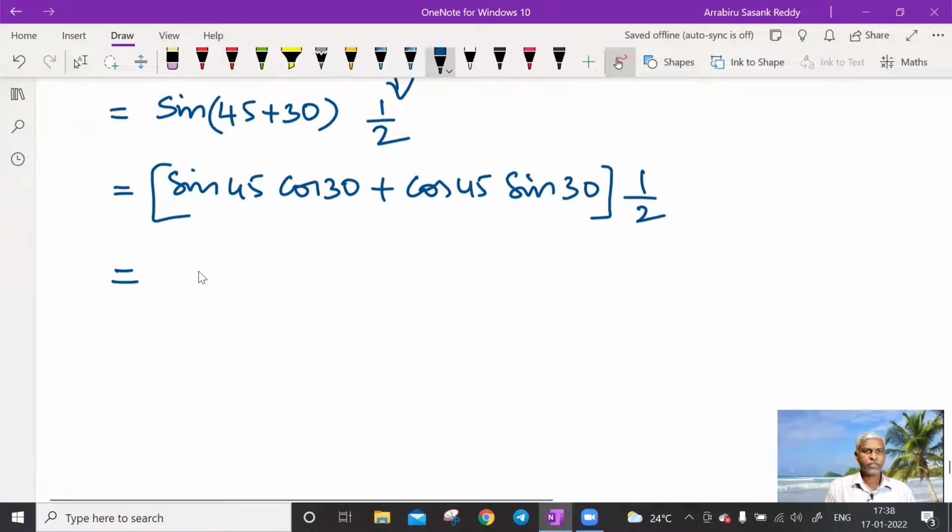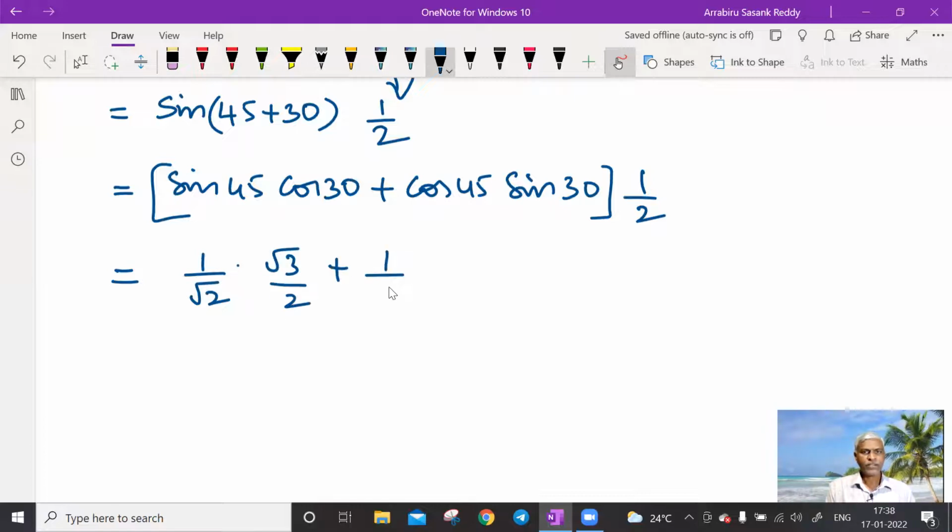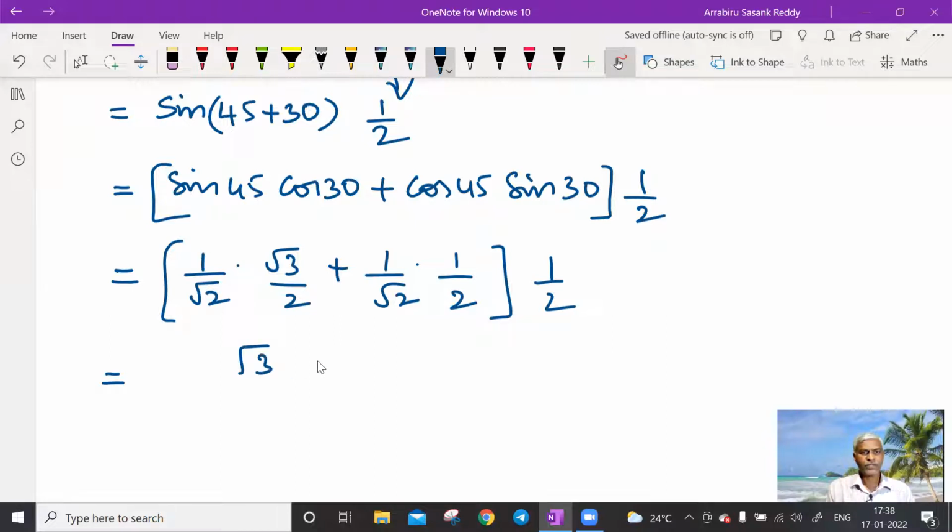So this is equal to sin 45 is 1 by root 2, cos 30 is root 3 by 2, cos 45 is 1 by root 2, sin 30 is 1 by 2, into 1 by 2. This is root 3 into 1 by 2 root 2 plus 1 by 2 root 2.